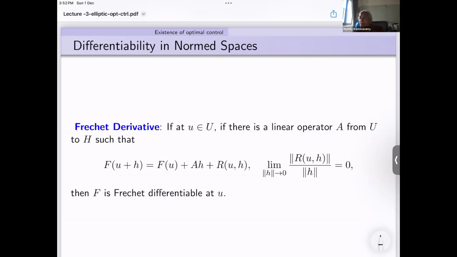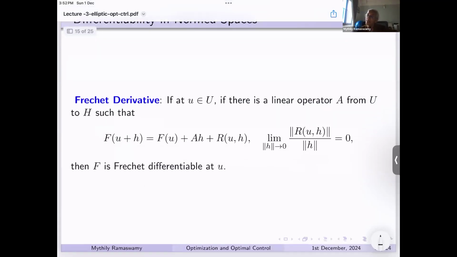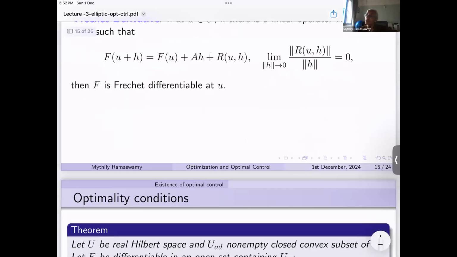If this happens, then capital F is Frechet differentiable at u, and the Frechet derivative of capital F is precisely the linear operator A. Okay, and so that is the definition we will be using.